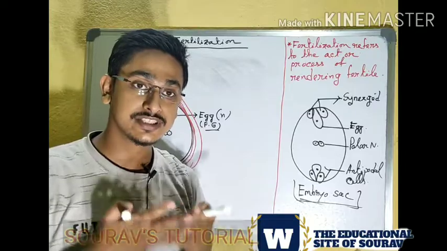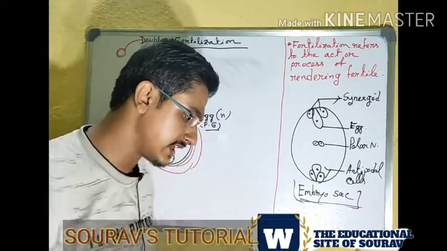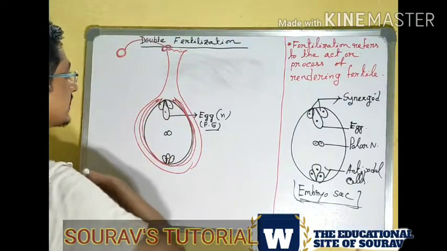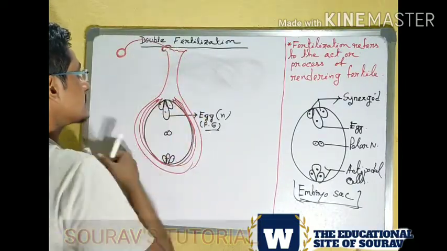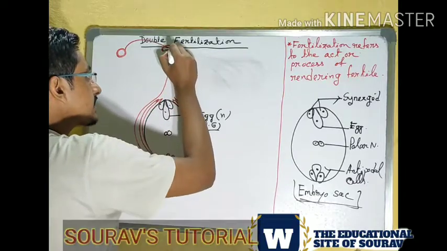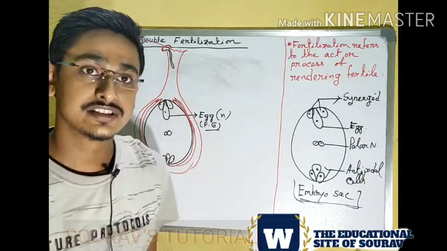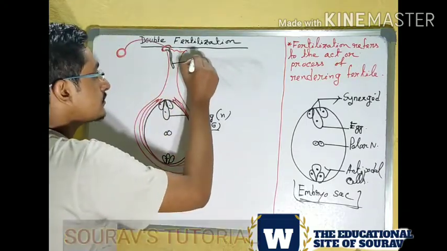The pollen will germinate and create a tube-like structure like this. That tube-like structure is known as the pollen tube.